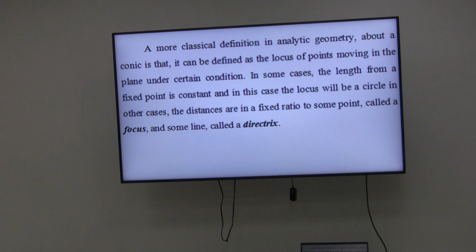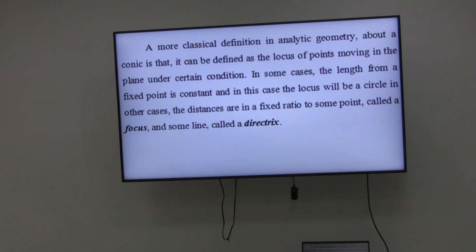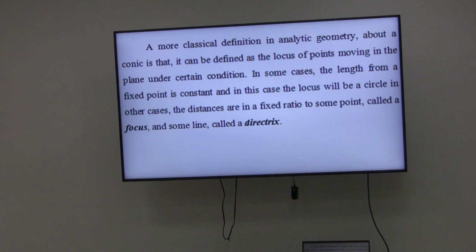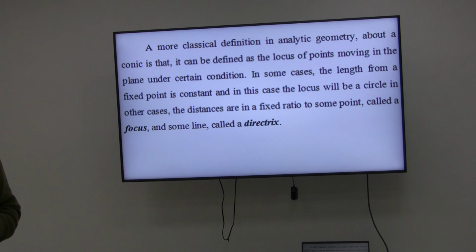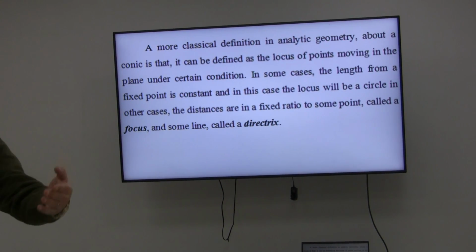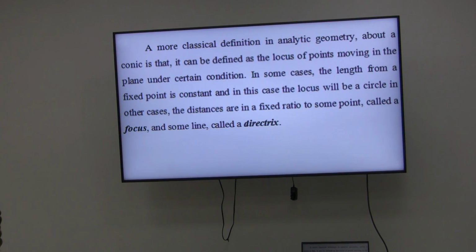So the point of view of analytic geometry looks at this moving point, which is responsible for doing anything in the plane or even in another dimension. Under a certain condition, you will make it draw a certain shape.